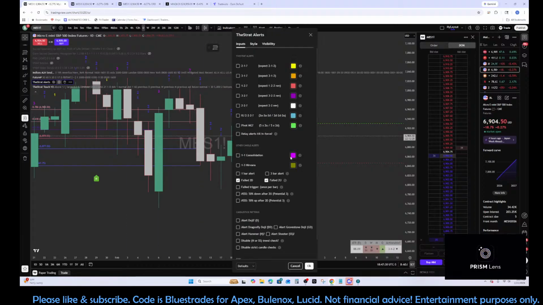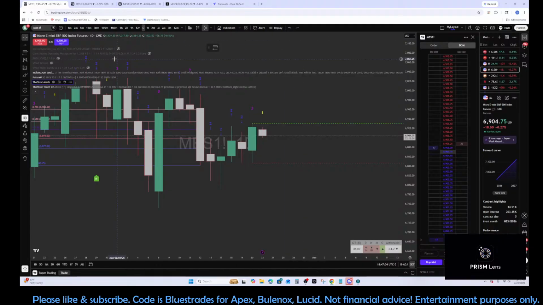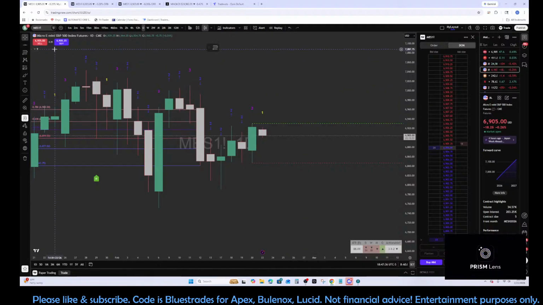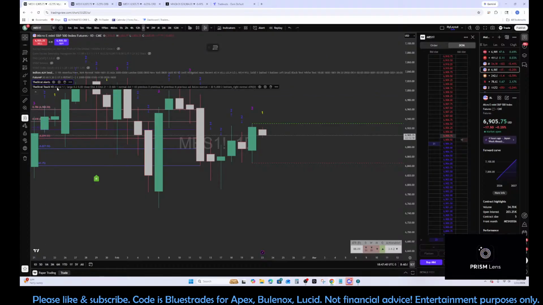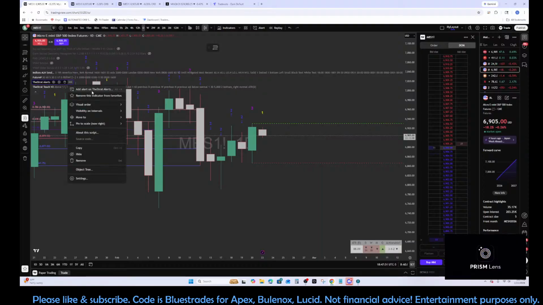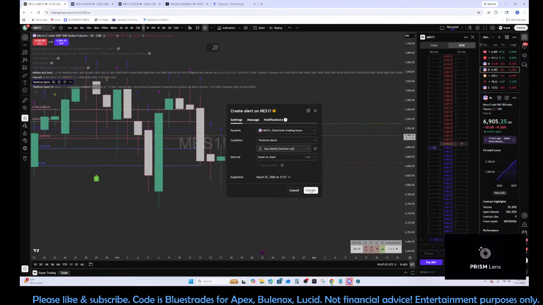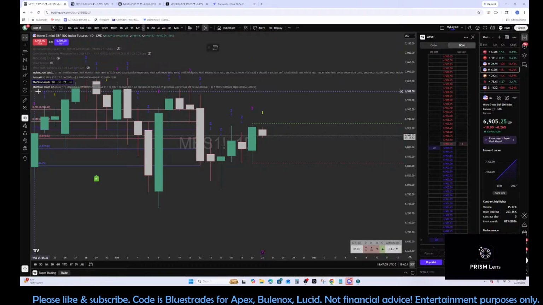I have mine only set to failed 2 downs and failed 2 ups, because those are some of my favorite setups, and I love the failed 2s because what do they represent in the strat? A reversal, a TTO, triangle day out, and a reversal. So I have mine set to only alert me for failed 2s.